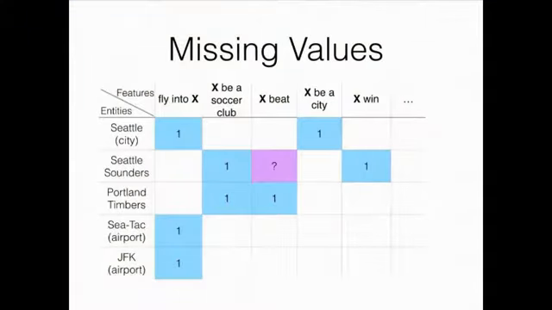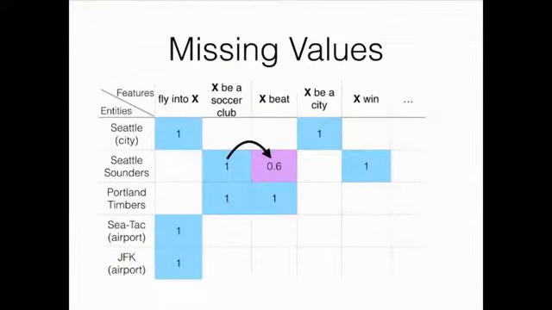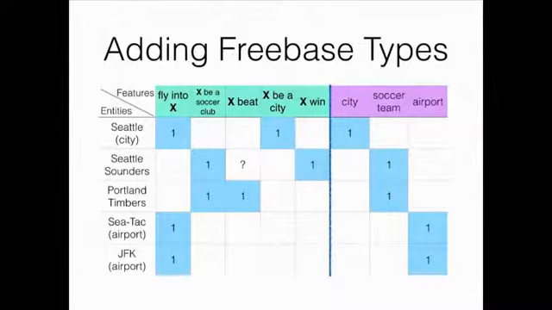What we propose here is to perform a matrix completion task by learning a low-dimensional embedding of both entities and features, which learns signals from the correlations of these features and also from similar entities within the matrix. To further encourage sharing and propagation of this information, we add the 500 most frequent Freebase types and fill in those values accordingly.